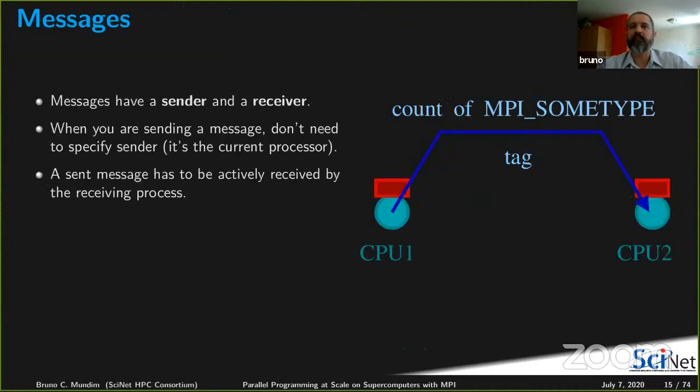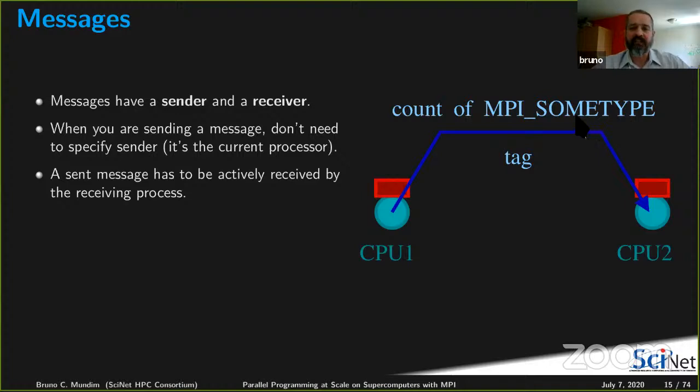Okay, so the first concept of MPI is the message, right? What is a message and what does it require to send a message? A message is basically a string of some data type, okay? So for example, here you have a count of some sort of data type that you need to declare as some sort of pre-existing MPI data type, or you can build your own, but we're not going to talk about this today as well.